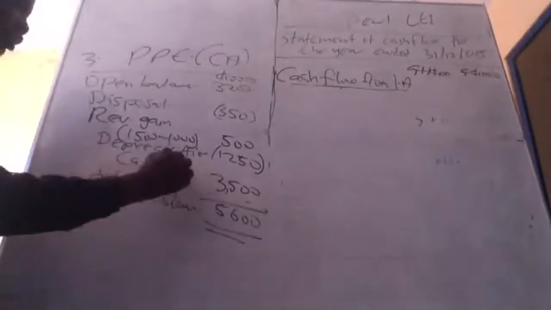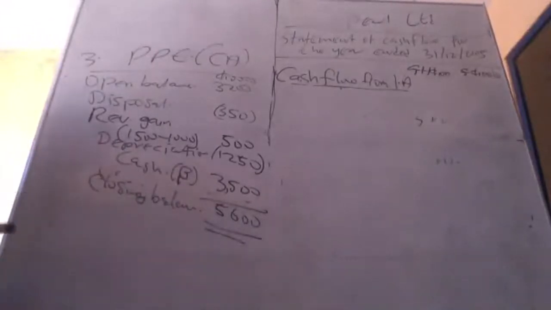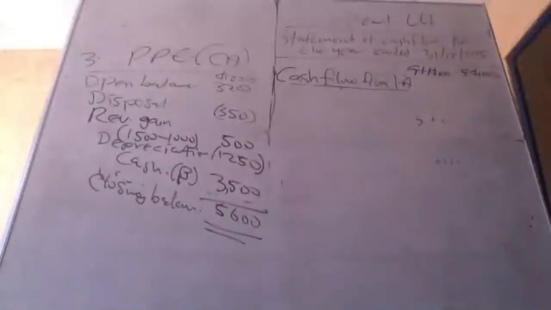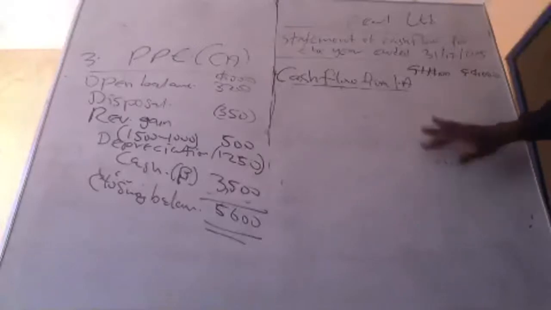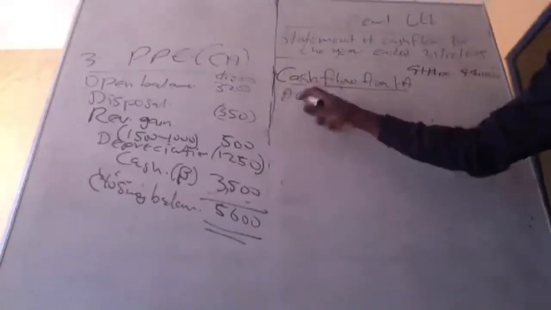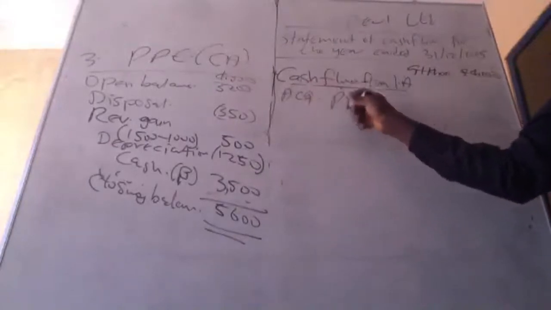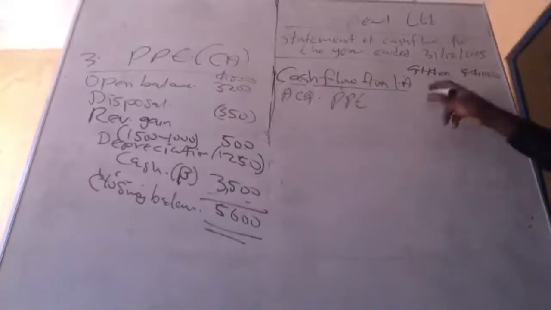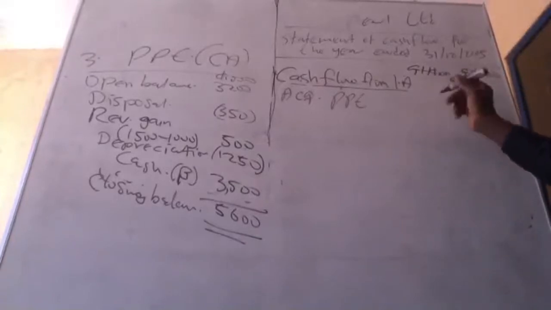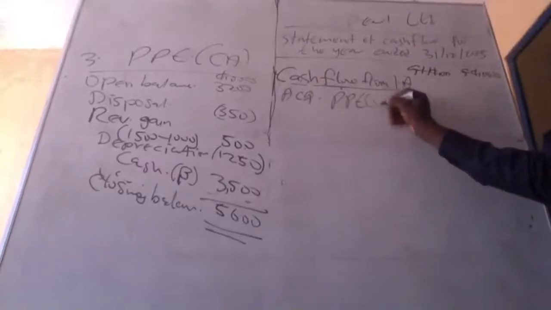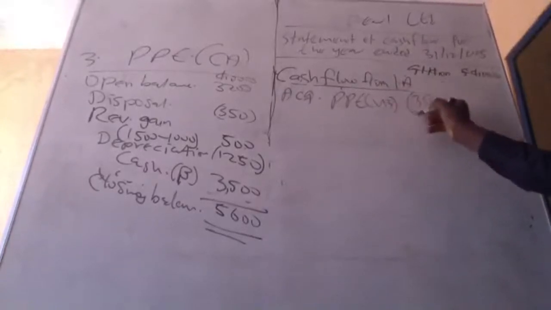So you come here to the assets, and then you are done. So you say acquisition of PPE or non-current asset. Kindly put it here. That's 3,500. Workings number 3. Please put it in a bracket.